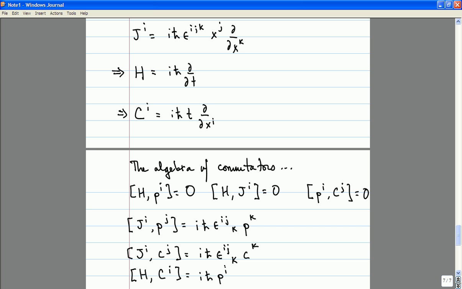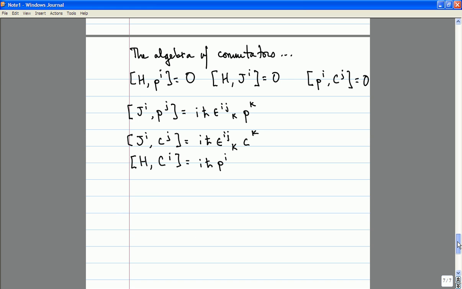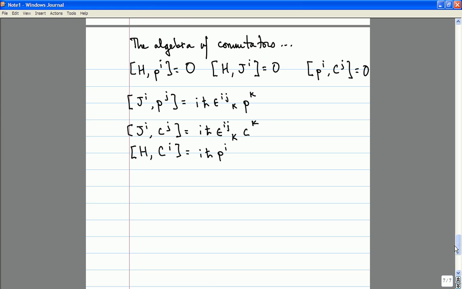Okay, so this is the algebra of symmetries of Newtonian physics. And in particular, this is the algebra of differential operators that generate these symmetries.